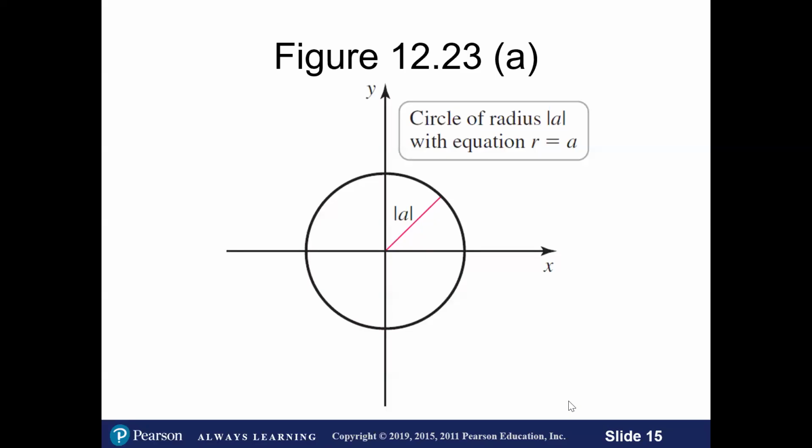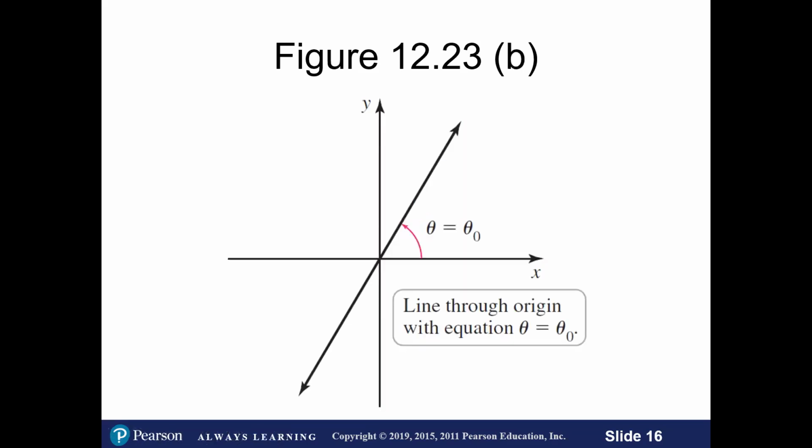All right, now we can talk about graphing some basic curves in polar coordinates. We'll start with a circle of radius absolute value of A. Just the nature of polar coordinates, simply r equals A. All points A away, whether A goes in the negative or the positive direction, r equals A is going to give you a circle of radius absolute value of A. A line through the origin is simply defining an angle theta.